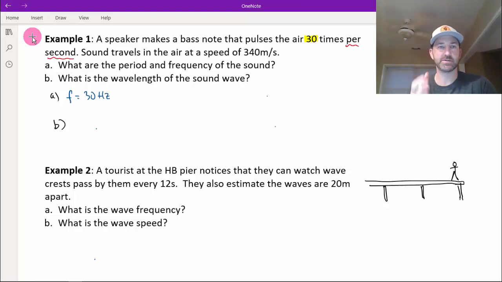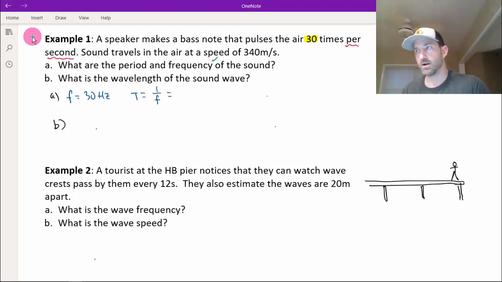Now, part A is asking what's the period and the frequency. Well, check, we just got the frequency. We're done with that. But now we need the period. So period is equal to 1 over the frequency, or total amount of time divided by total number of waves.